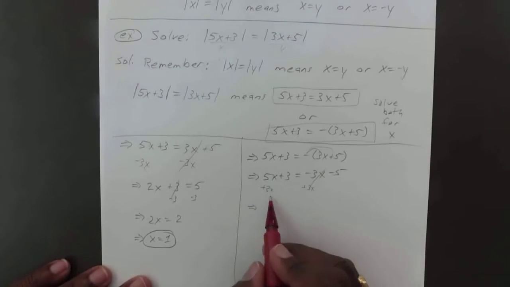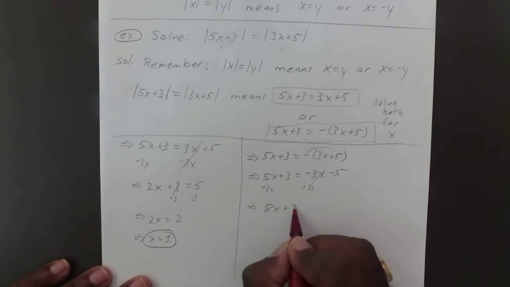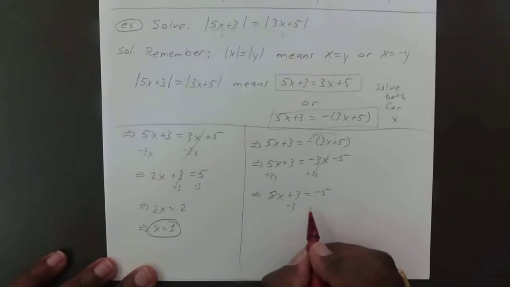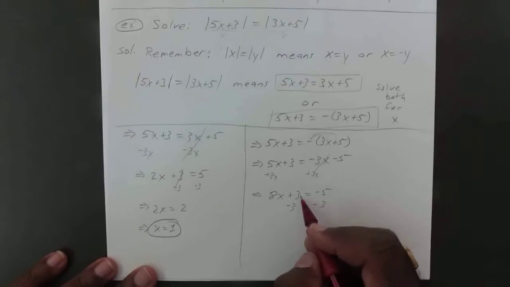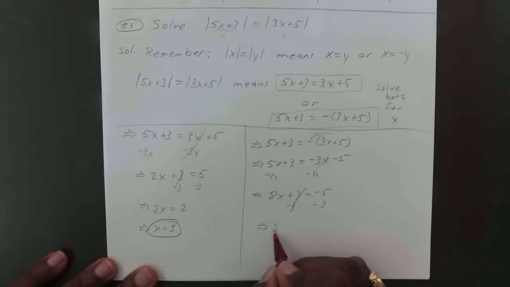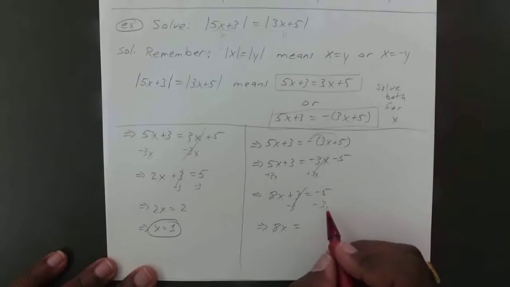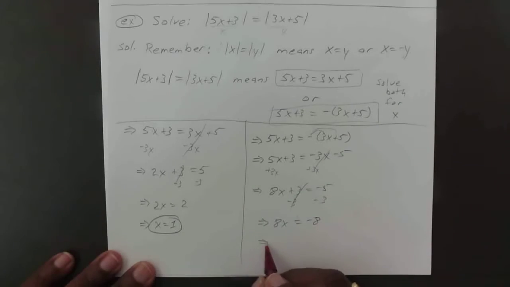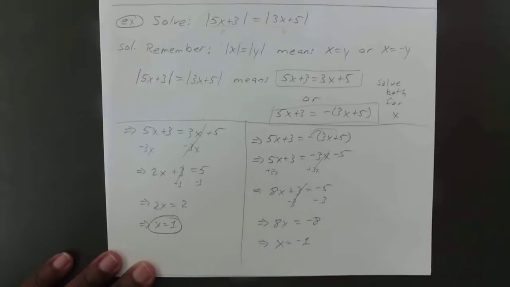And that gives you 5x plus 3x is 8x plus 3 equals negative 5. Subtract 3 from both sides. It gives you 8x equals negative 5 minus 3 is negative 8. There we go. So that means that x is equal to negative 1.